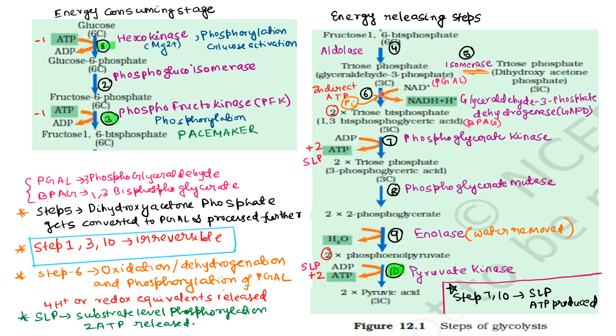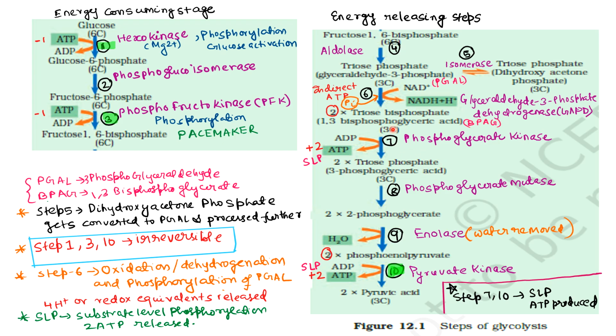Okay, so essentially in step number 6, with glyceraldehyde 3-phosphate, there is oxidation taking place in the first stage, then addition of the phosphate group is taking place. Okay, then in the seventh step, 1,3-bisphosphoglyceric acid is converted into 3-phosphoglyceric acid.